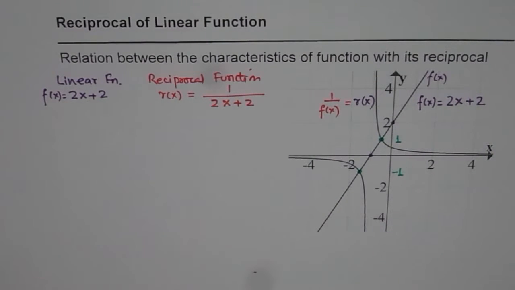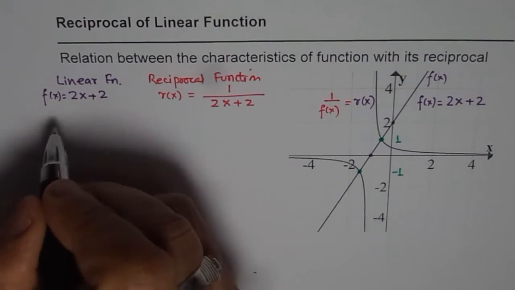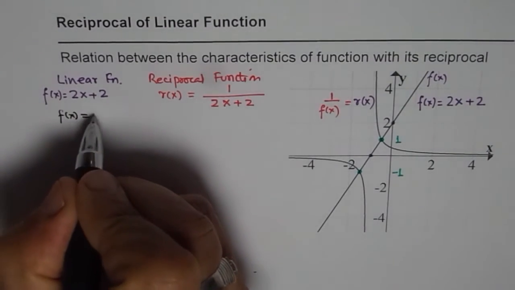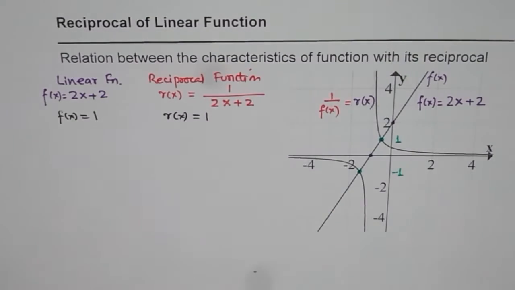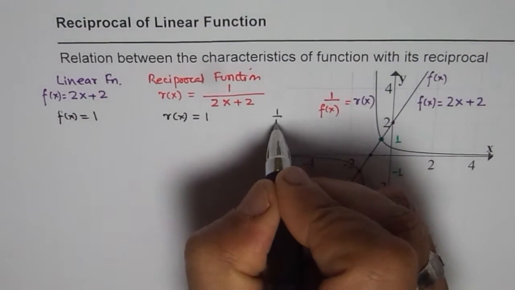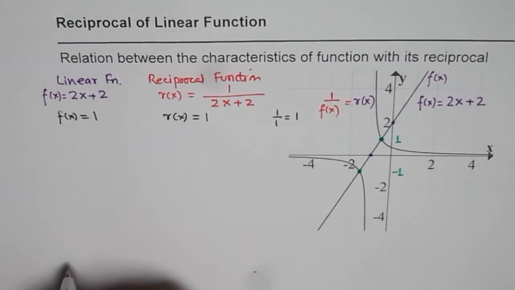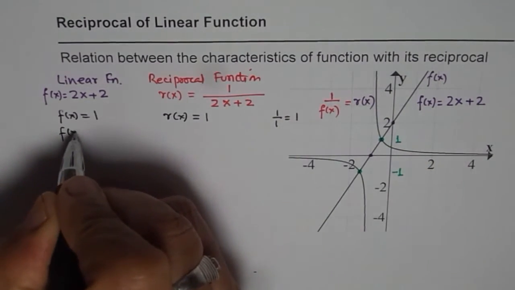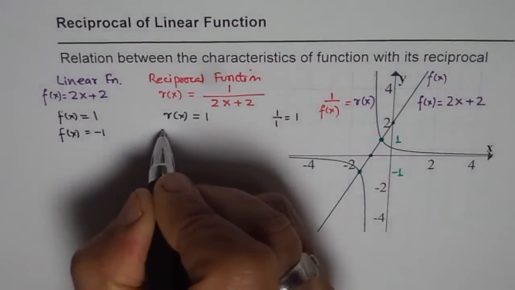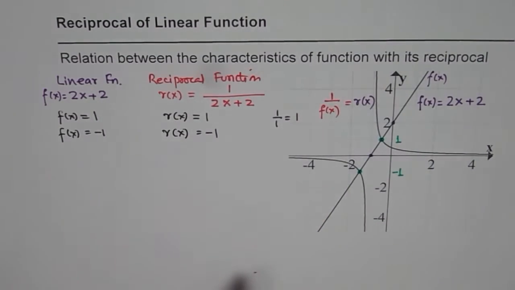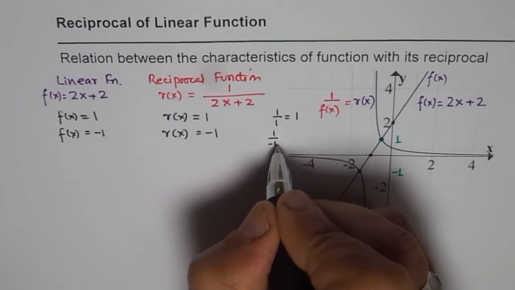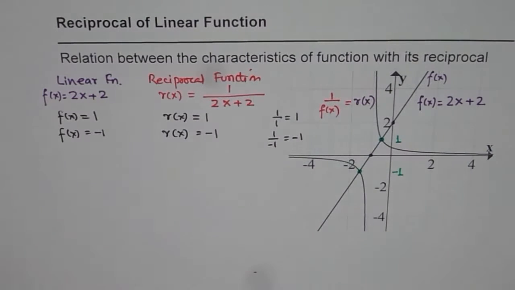So we have, when you notice these graphs, we have invariant points. Let me write down here amongst the characteristics. If f of x equals 1, then r of x is also equal to 1, correct? Since 1 over 1 equals 1. Also, if f of x equals minus 1, then the reciprocal will also be equal to minus 1. So their values are exactly same. Do you understand? Since 1 over minus 1 is also minus 1, right?